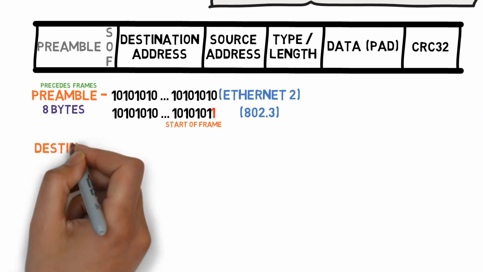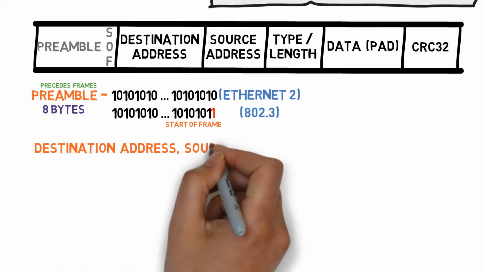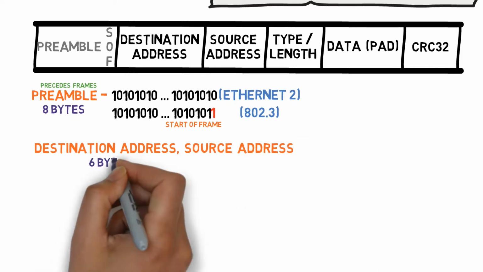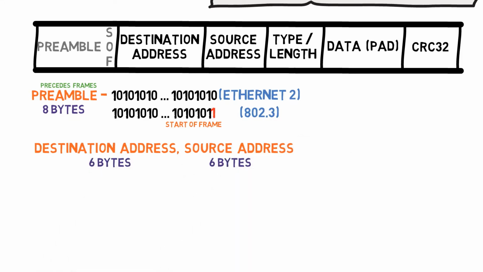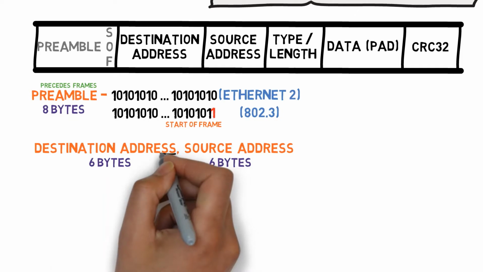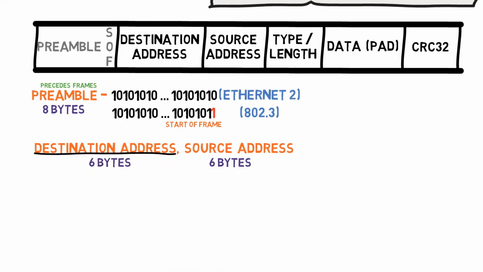Next, we have 2 addresses, each consisting of 6 bytes. We'll describe Ethernet addresses in the next video, but for now, let us notice that a frame starts with a destination address, then followed by the source address. Why would the frame start with the destination address? Is there a reason for that? Well, actually there is.